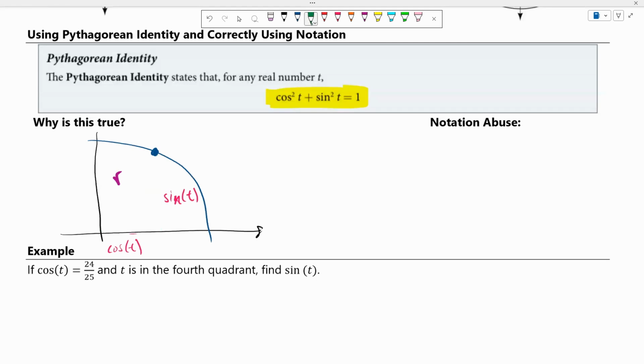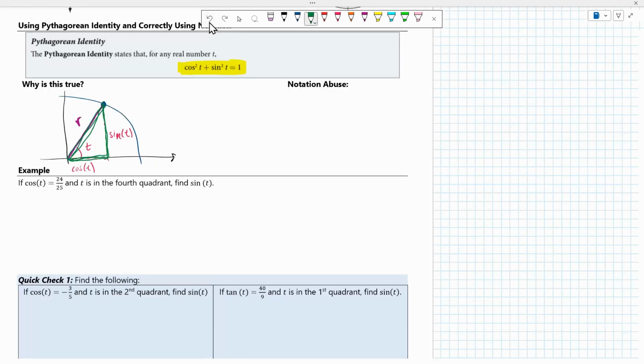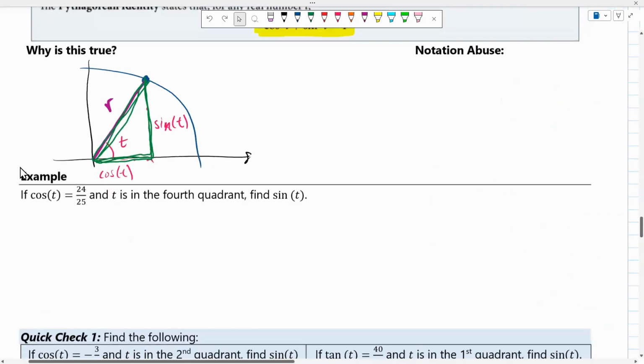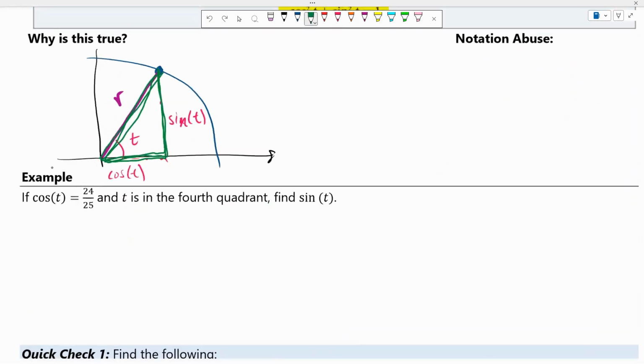There we go. That triangle is a right triangle. We can hit it with the Pythagorean theorem.